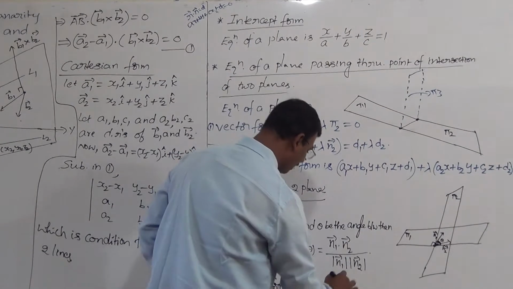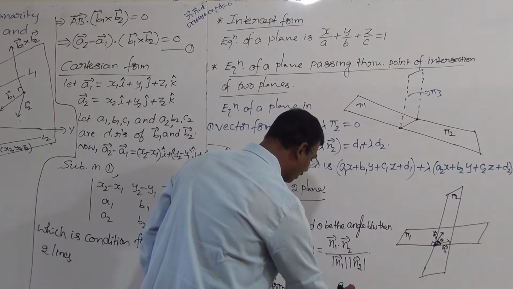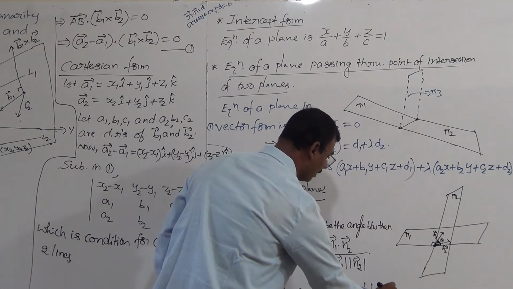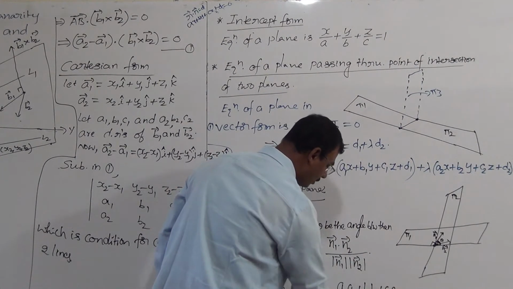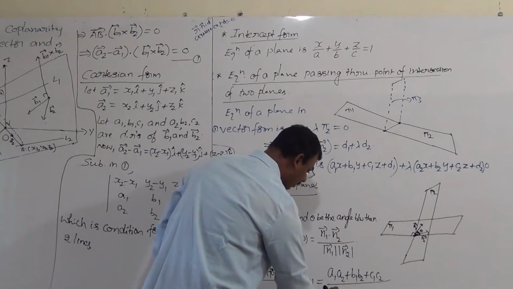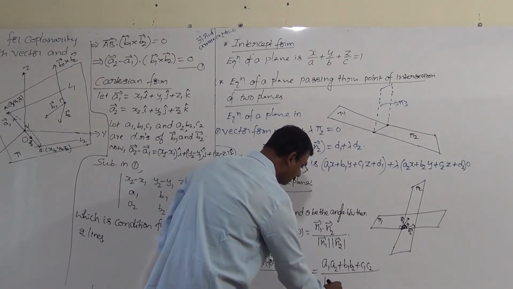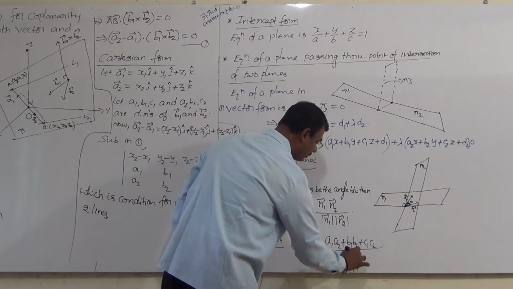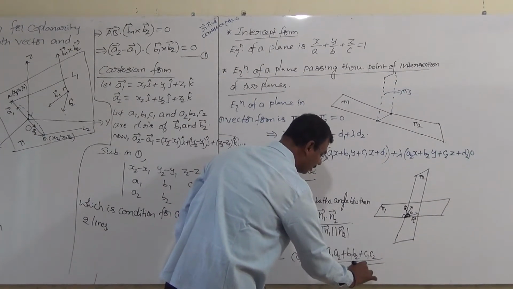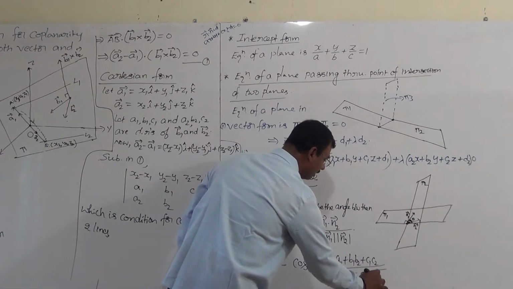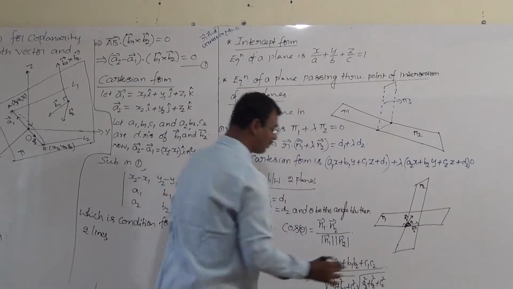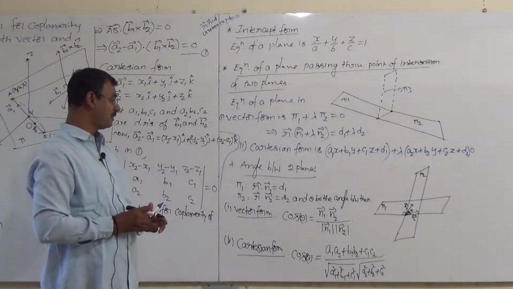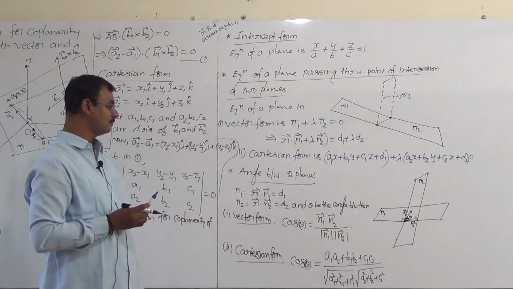So a1 a2 plus b1 b2 plus c1 c2 upon square root of a1 square plus b1 square plus c1 square into square root of a2 square plus b2 square plus c2 square. This is the angle between two planes in Cartesian form.